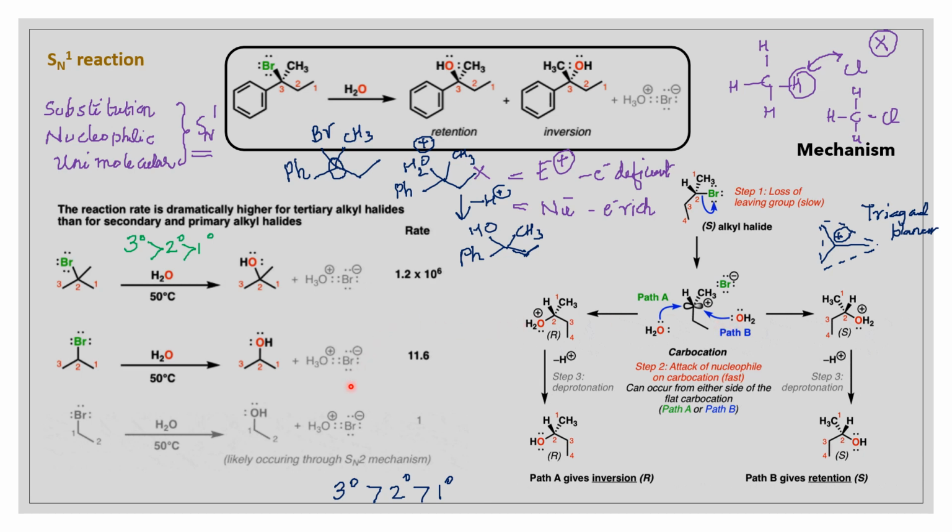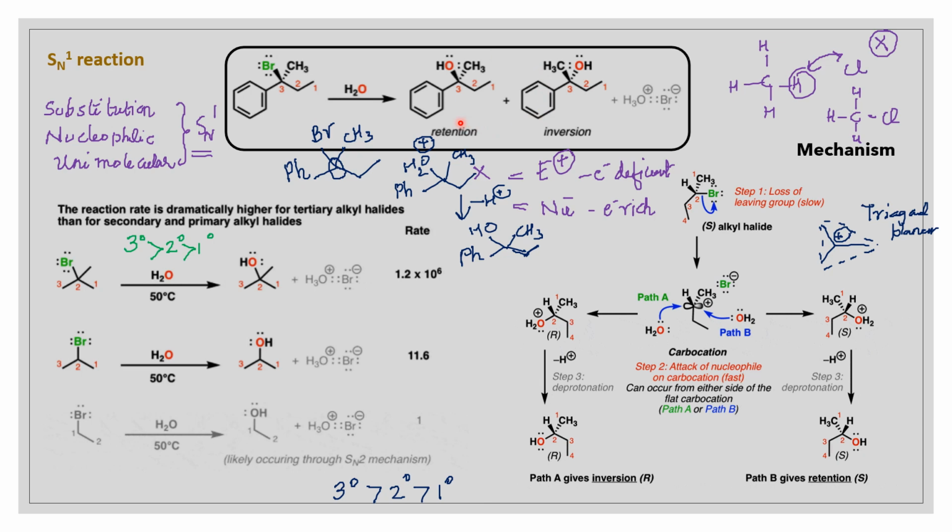Another point is that the stability of the carbocation is very important. When you have a chance of forming a more stable carbocation, that will definitely undergo a reaction through the SN1 pathway. The third point is regarding the solvent that we use: we use a polar solvent. Another point is regarding the stereochemistry of the product.